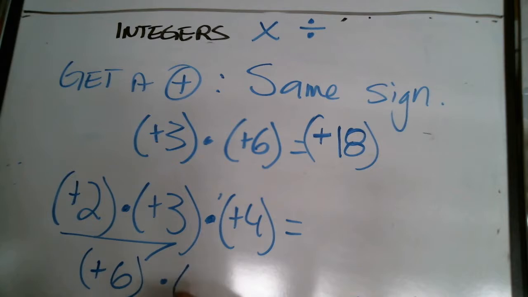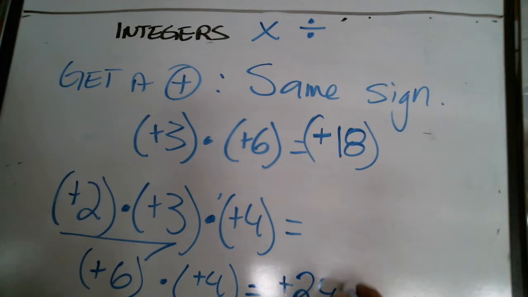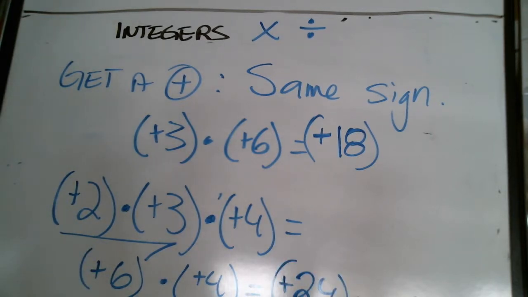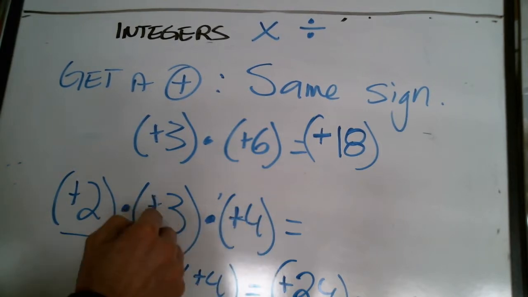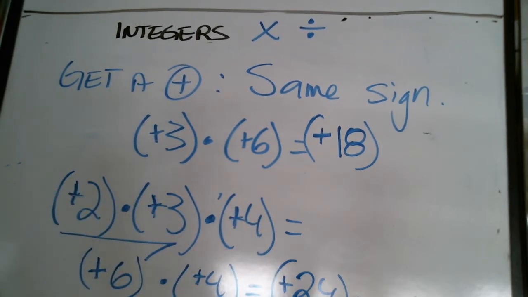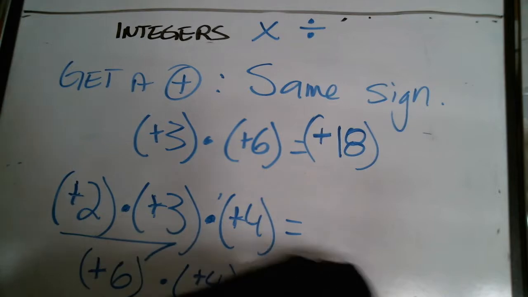Now I have to multiply that by positive 4. What is a positive times a positive? It's going to be a positive. 6 times 4 is 24. That's my answer. But if you'll notice, every one of these positives has a little buddy. It's always got a buddy. There's no negatives in that whole thing.